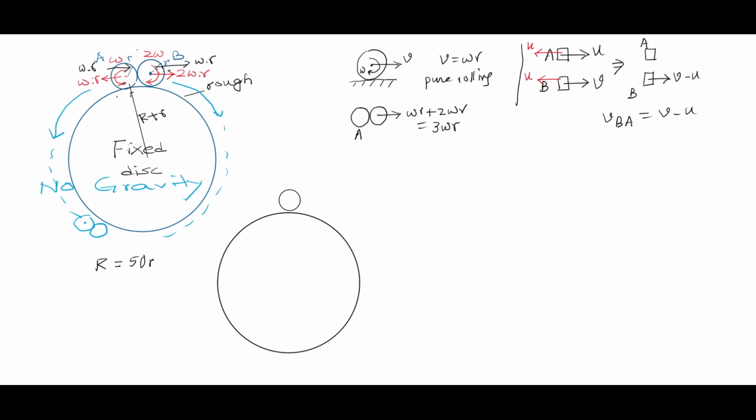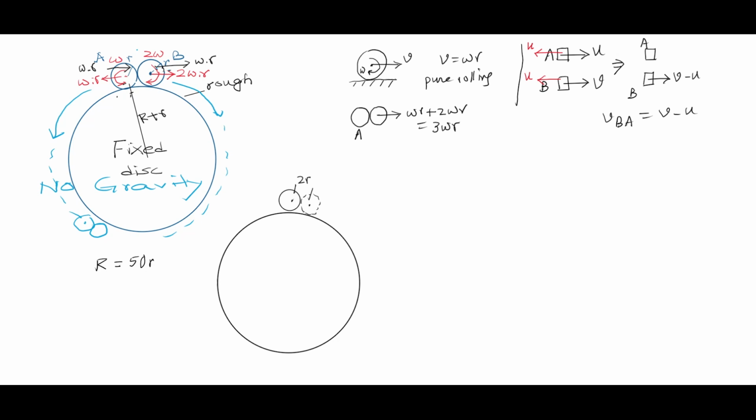Now I will show the final position of B. Initially B was here, and their centers of mass were at a separation of 2r.